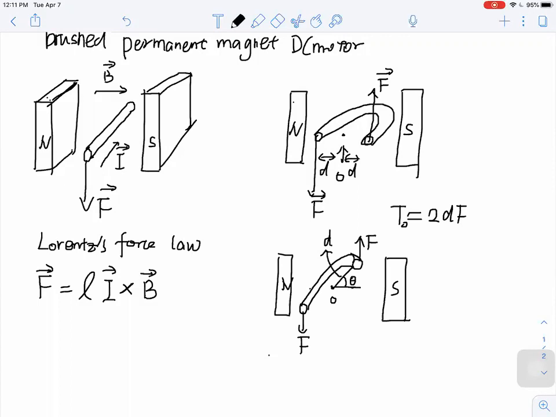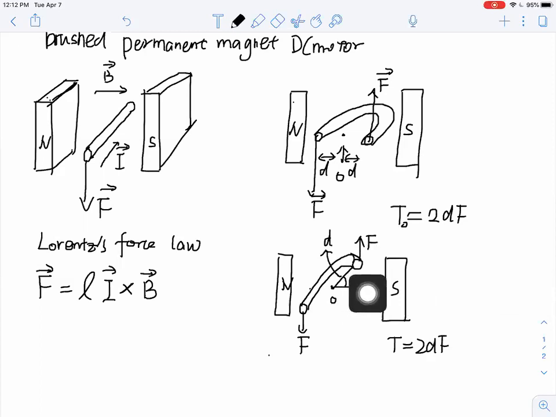So in this case, how can you find the torque T with this given angle theta about O? In this new position, our torque is going to be 2 times dF. However, now since we have this angle, and the torque is force times the perpendicular distance from the force to the center point, the distance from the force to the center point O is not d anymore.